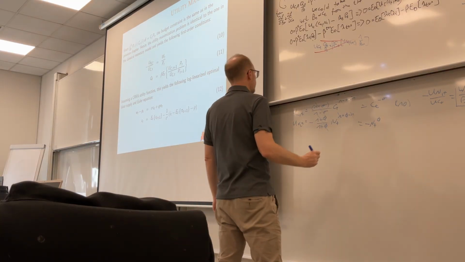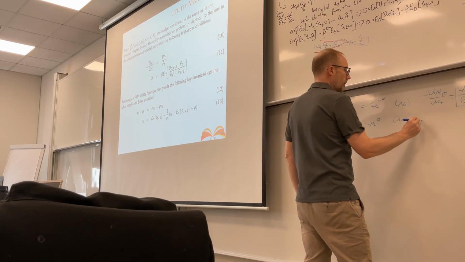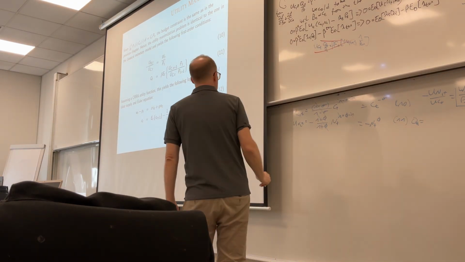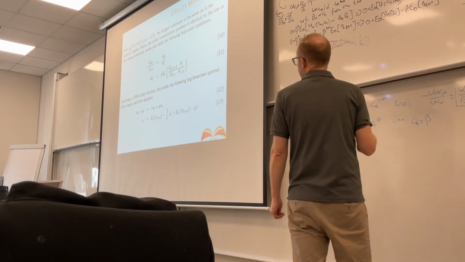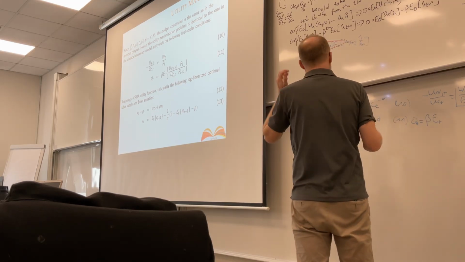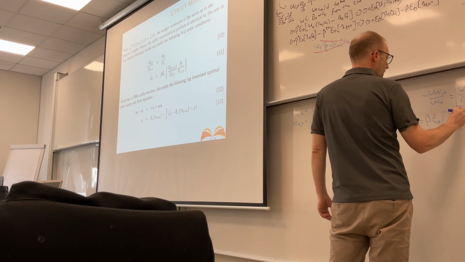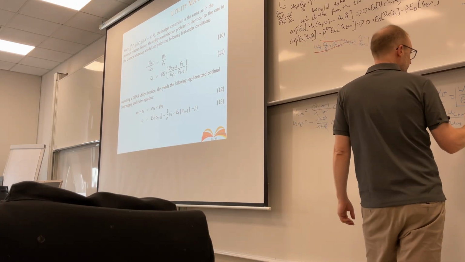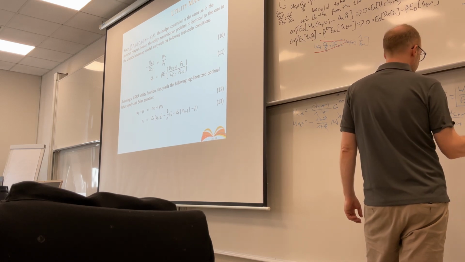And then equation 11: q_t equals beta E_t of u_c,t+1 over u_c,t times p_t over p_t+1.